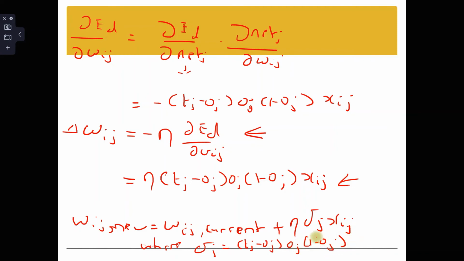So it's important that you understand that part as well, because delta j is a component that you will need to compute. This is what we refer to as the error responsibility.